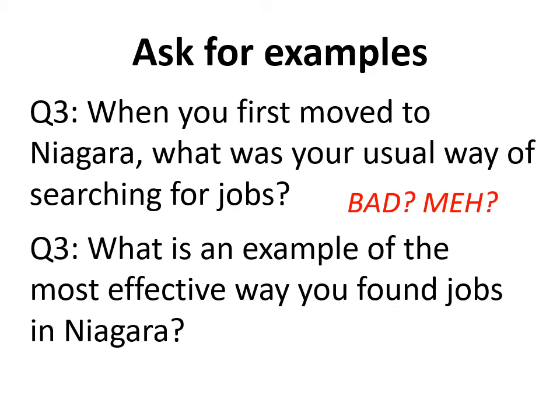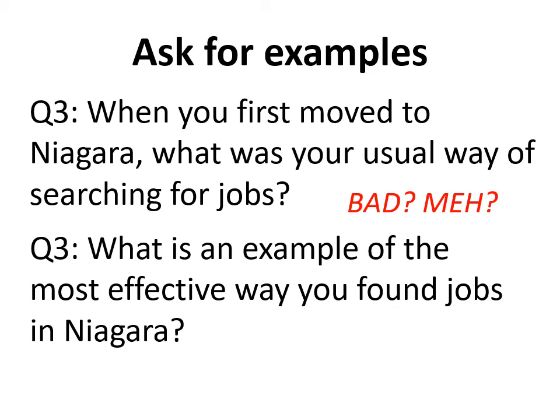So a variation of this might be, first you ask, what is an example of the most effective way you found jobs in Niagara? And then the next question might be, what is an example of the least effective way you found jobs in Niagara? Or you might just rephrase that as what didn't work. So when you were looking for jobs in Niagara, do you have examples of what did not work?